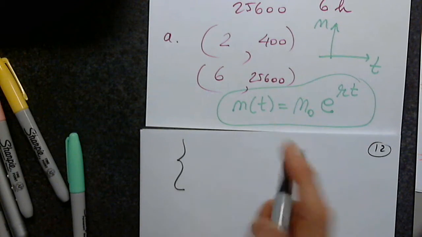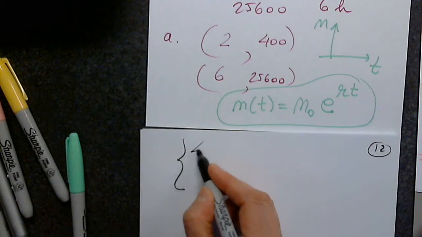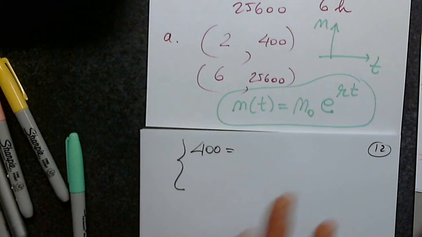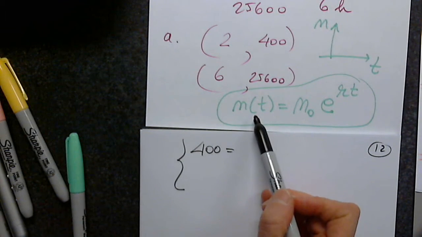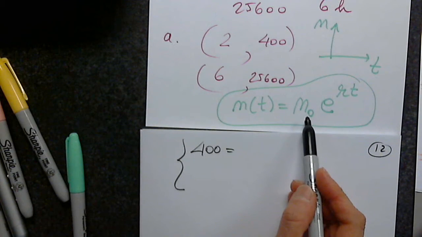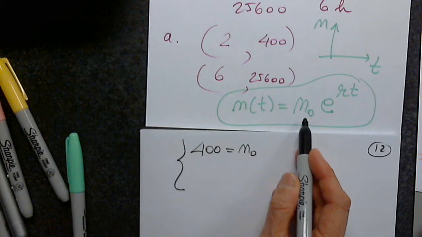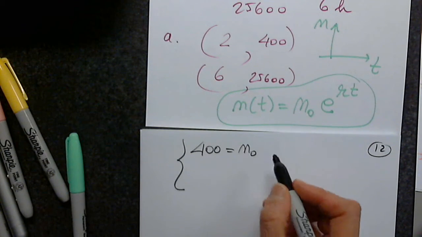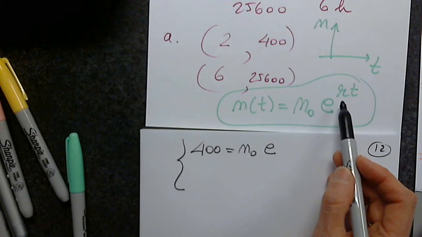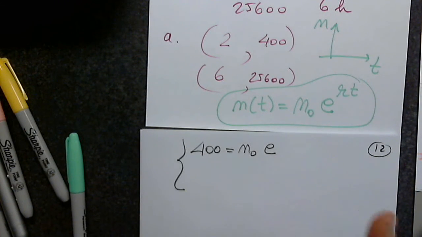It's going to be 400. That's what I said. We have to be able to identify what goes where. 400 equals N0. We do not have any information about N0. e, yes, but t exactly.